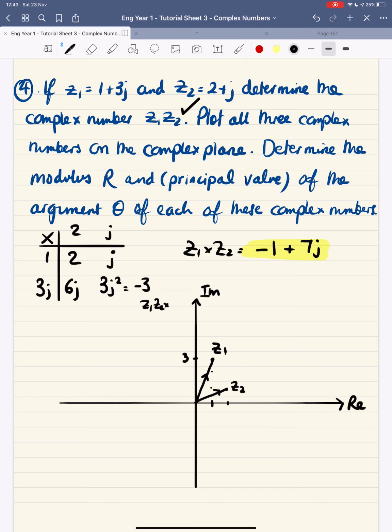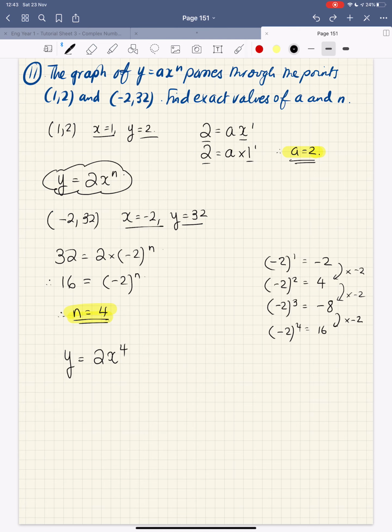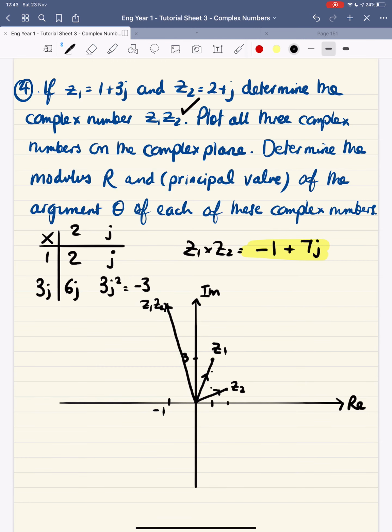Z1 times z2 is roughly there. Minus 1. That's not very neat. What's happened there? Not sure if I like that. Oh, it'll do. 7 is fine. Right, let's get this right. Minus 1 is too far there for my liking. Right, let's start again with that bit. So that was 1, 2.